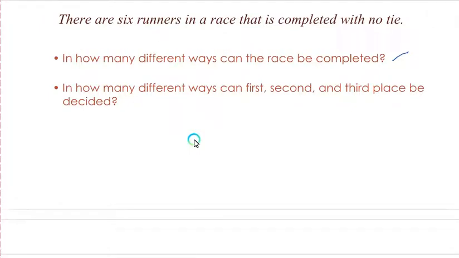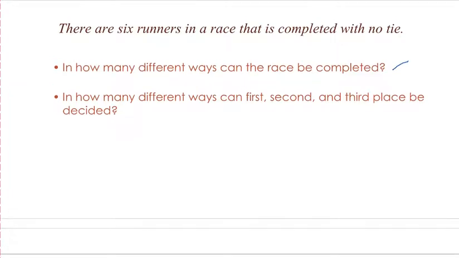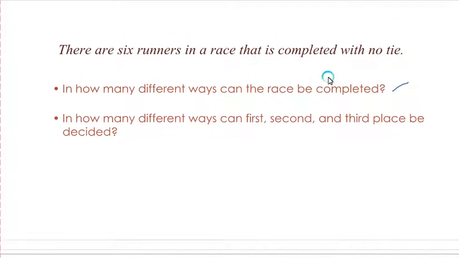So, number of ways nga ang race be completed. So, hambal naton kagina, basta number of ways lang, wala ka specific nga group. So, we are asking kung pila ang possibility of order kung ang sino ang nagdaog, sino ang una, kadua, ikatlo, ikaapat, ikaanom.